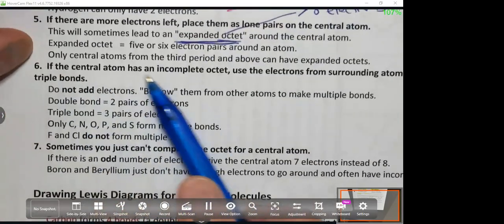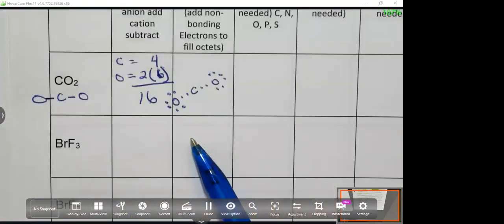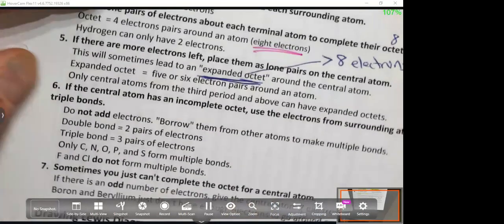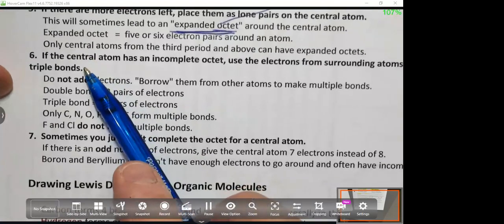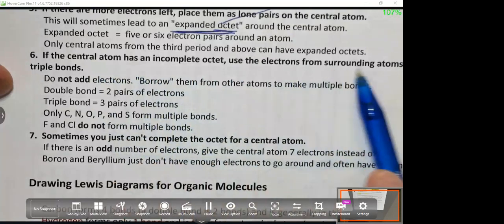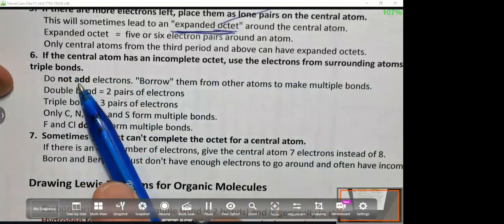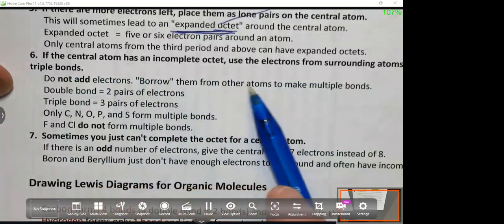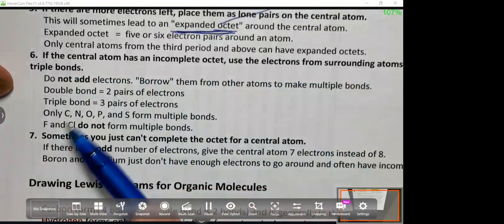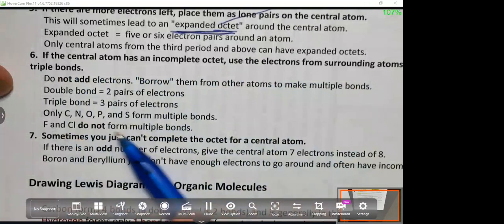If the central atom has an incomplete octet, it does because carbon only has 4 electrons, use the electrons from surrounding atoms to make double or triple bonds. Do not add any electrons. Borrow them from other atoms to make multiple bonds. Only carbon, nitrogen, oxygen, phosphorus, and sulfur have multiple bonds.